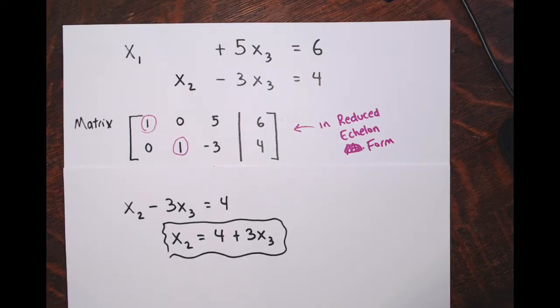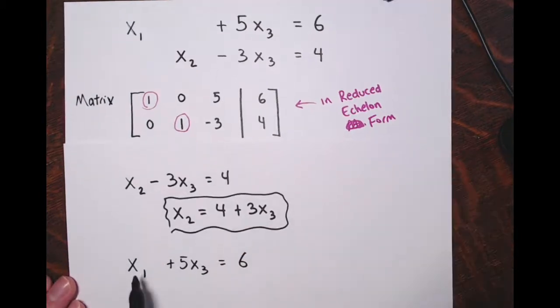All right, and then I go up and work with the other equation: x1 plus 5x3 equals 6. This was basic, x1. This is free. x3 was a free variable.